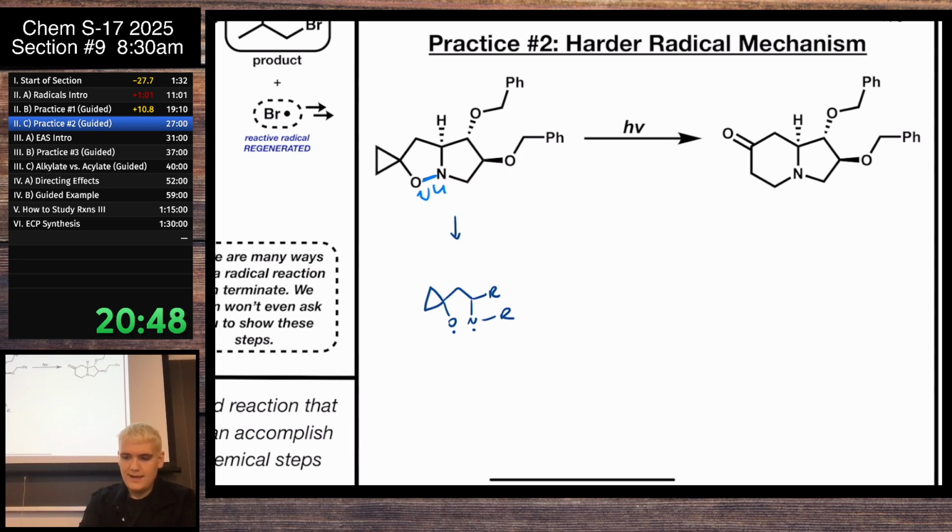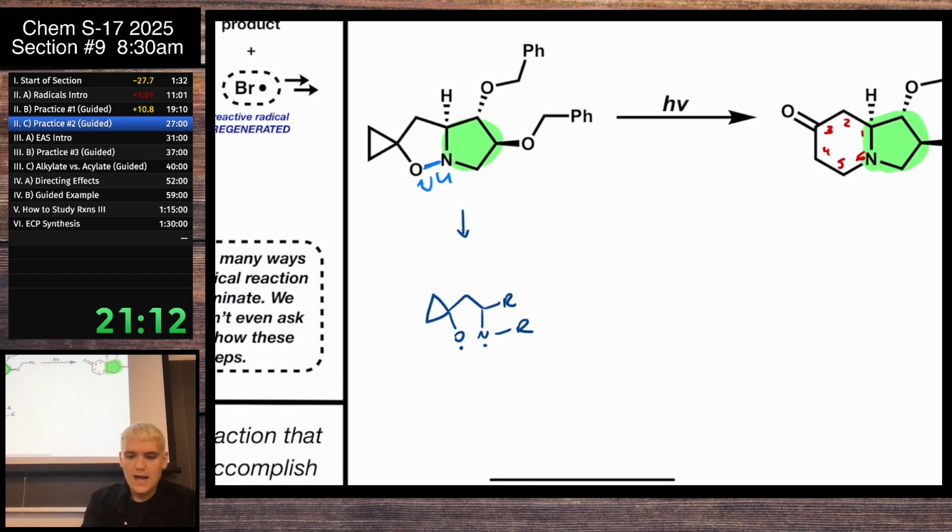I mean, the thing is, all of this looks pretty the same, right? So why don't I start numbering like 1, 2, 3, 4, 5, 6 here. And actually, I'm going to go back and do that in red. So I know that this gotta be carbon 1 over here, right?